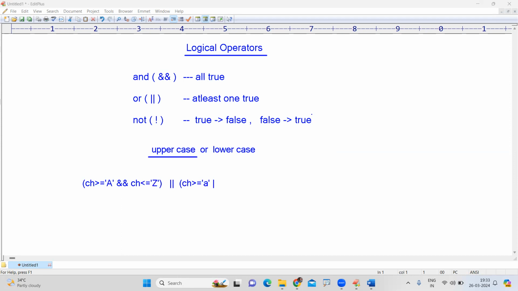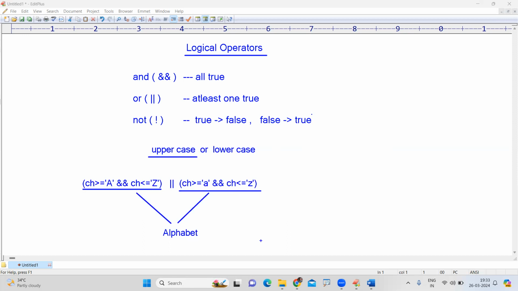Small a to small z. Either it is an uppercase character or a lowercase character. Simply we can say that it's an alphabet. Either or, any one being true is enough.